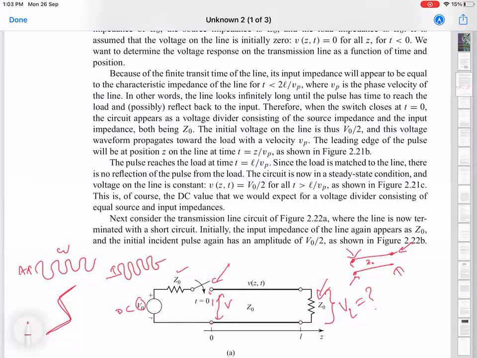I've changed the problem from being a DC signal to an AC signal just to motivate you to think in the right direction. And I'm saying that the answer actually doesn't depend on what is connected at the end, at time t equal to 0. It's the same idea that the wave has not had a chance to reach the end to even know that it exists. So it doesn't matter what is connected.